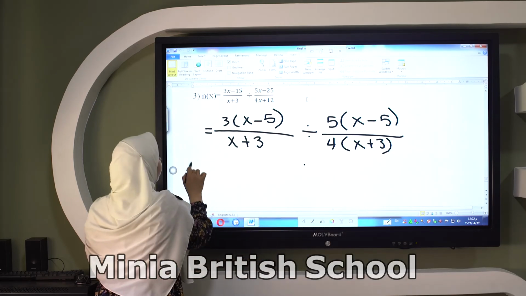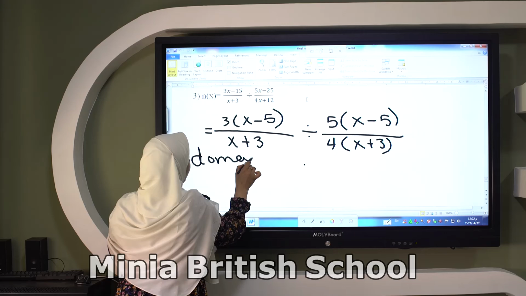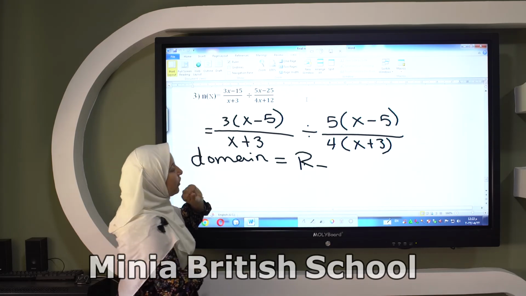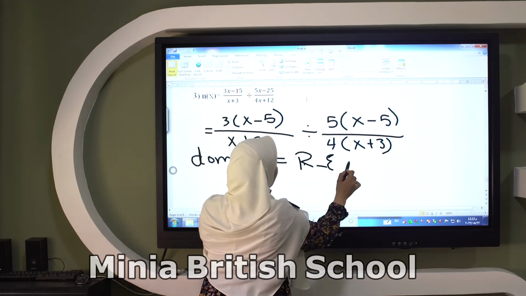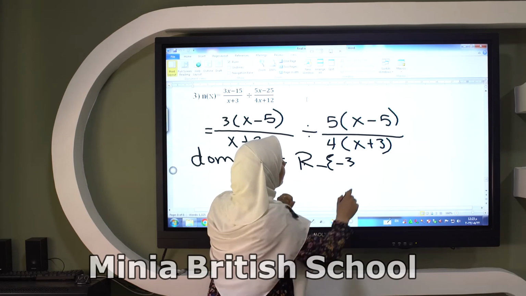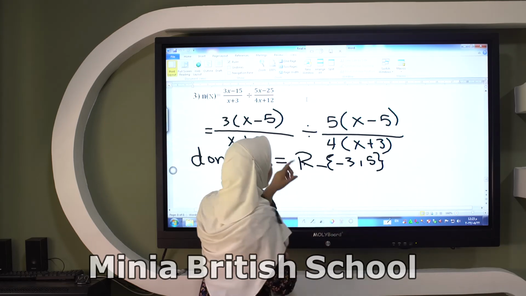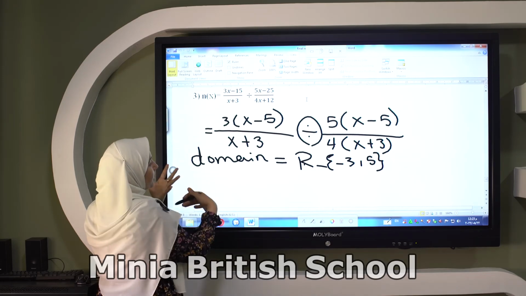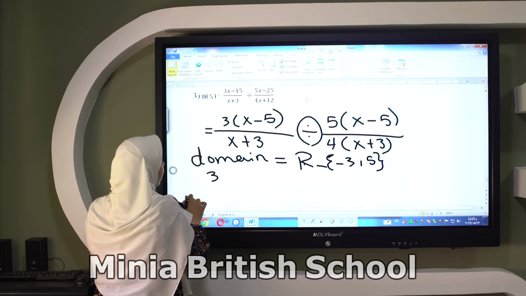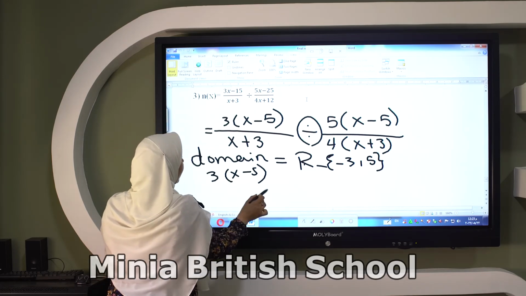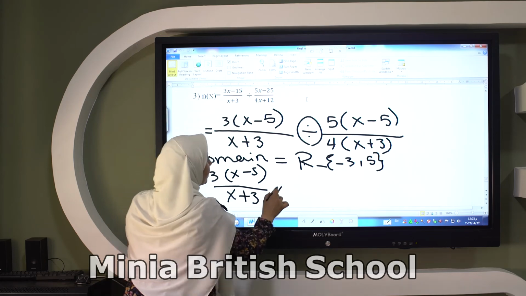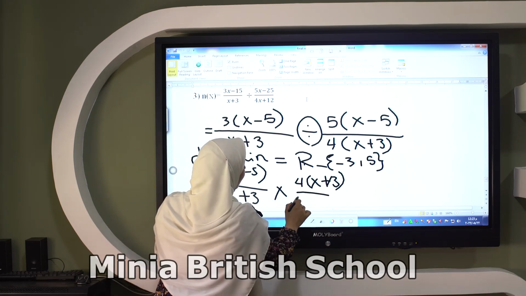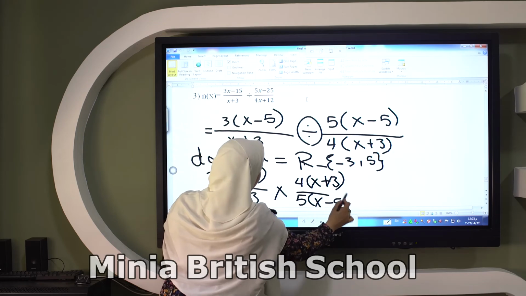Okay, then find the domain. The domain R except what? Negative 3, yes, and also 5, because the sign here is divide. Okay, then you can simplify 3(x - 5) over (x + 3) times 4(x + 3) over 5(x - 5).